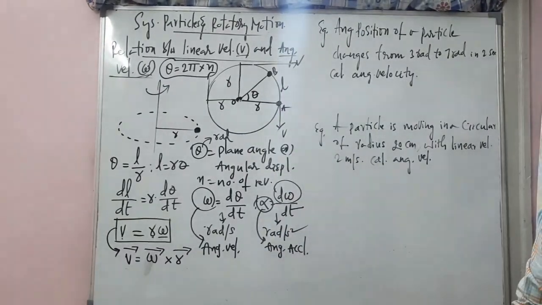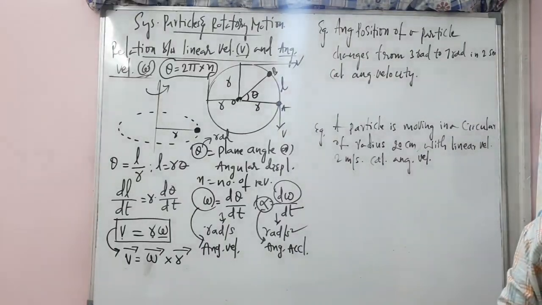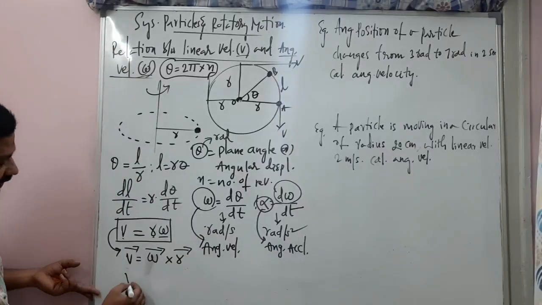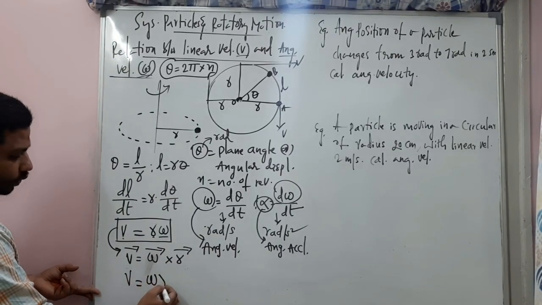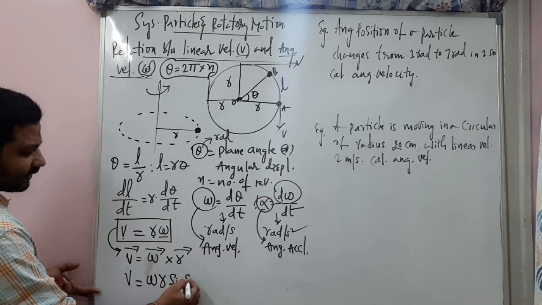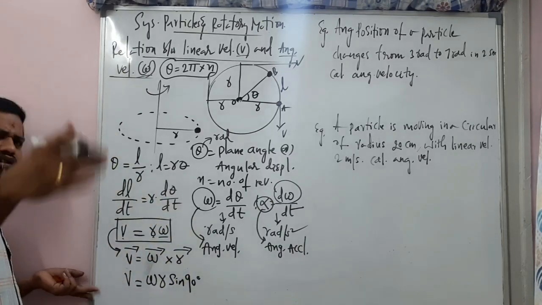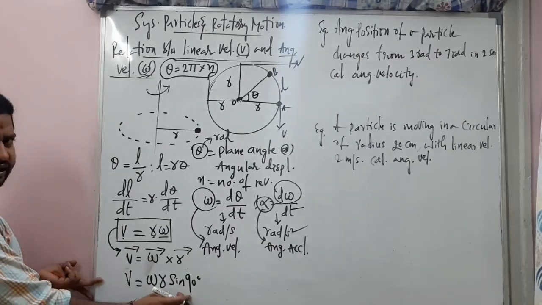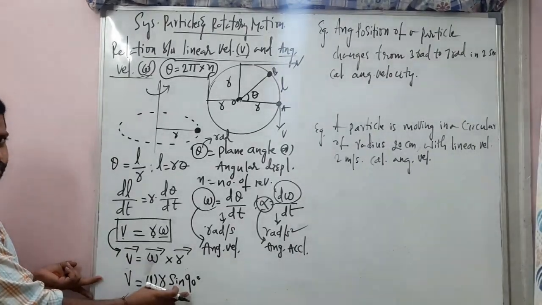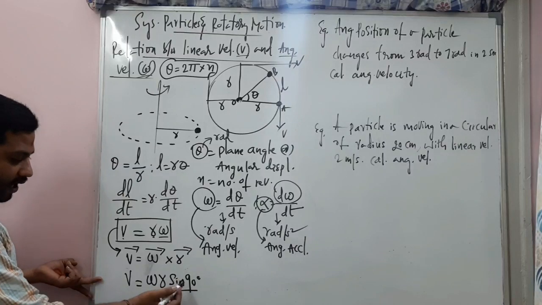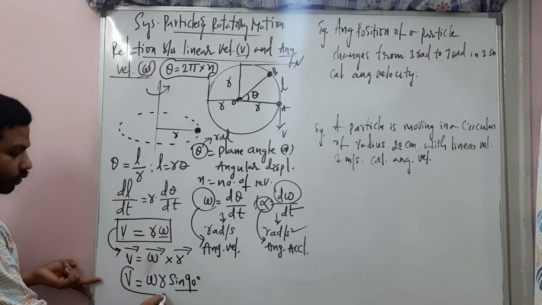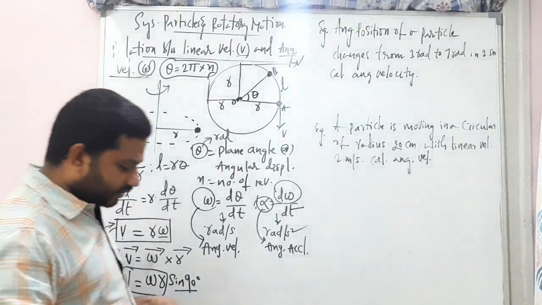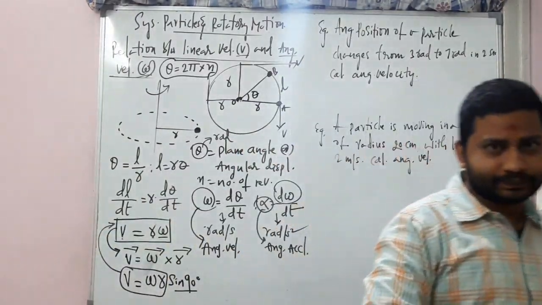So if I write the magnitude, V is equal to omega into R into sine 90 degrees, because the angle between omega and R is always 90. Sine 90 is 1, so V is equal to omega R. This is the story behind this.